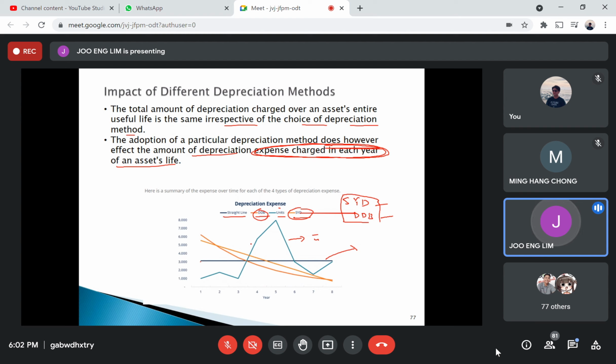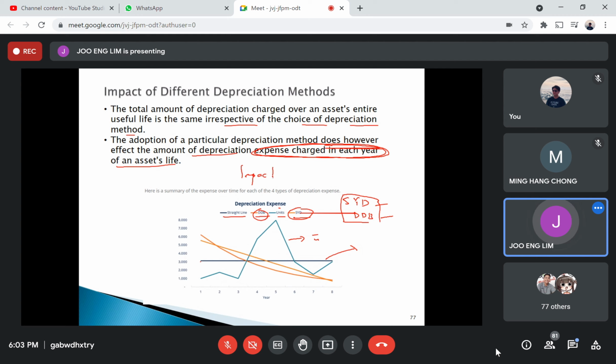But when you look at double declining, it is this way. So you have more to depreciate early, and then at the end you reach the same total. Clear?